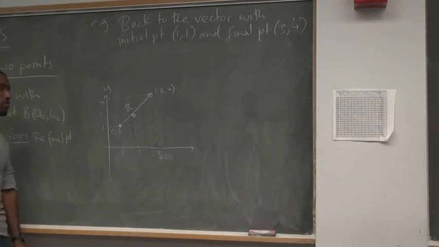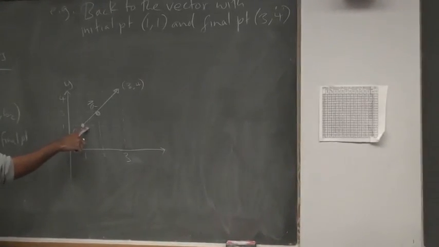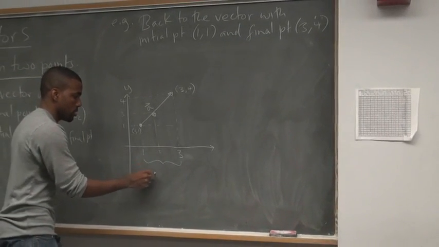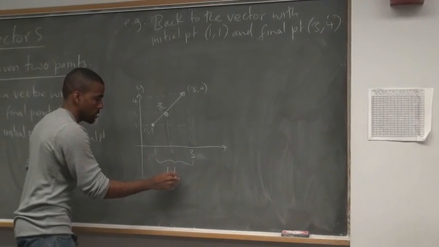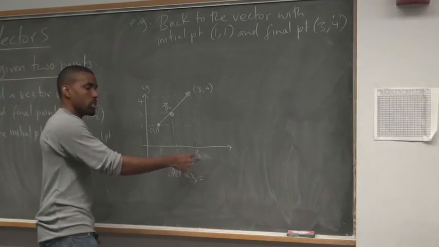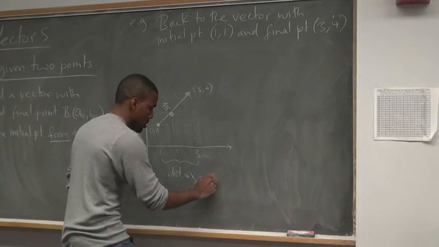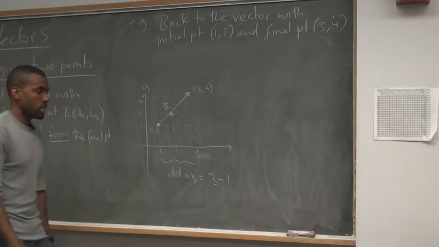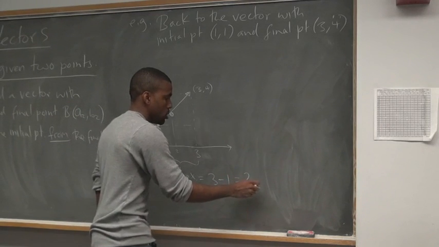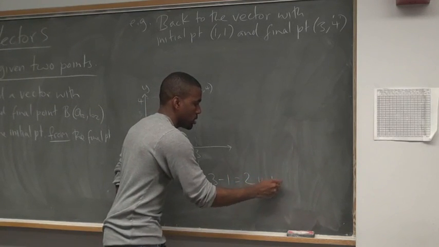So basically what you have to figure out is what distance did you move to get from 1 to 3, right? Distance, you would just subtract the x values, right? So it's just 3 minus 1 will actually give you the distance you move in the x, right? So you move 2 units right.